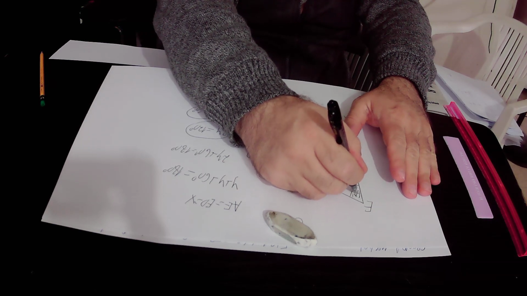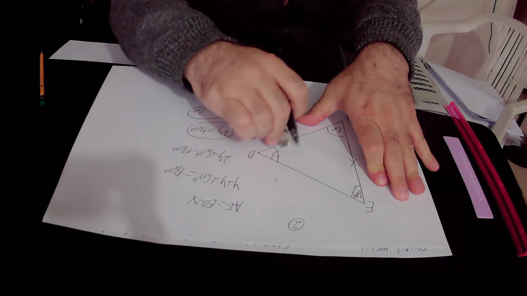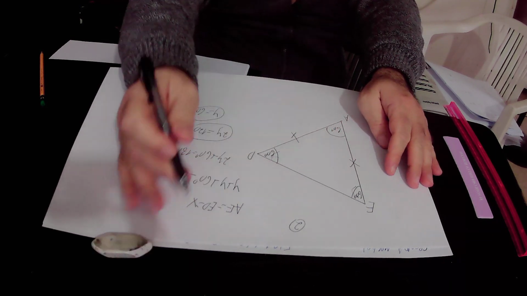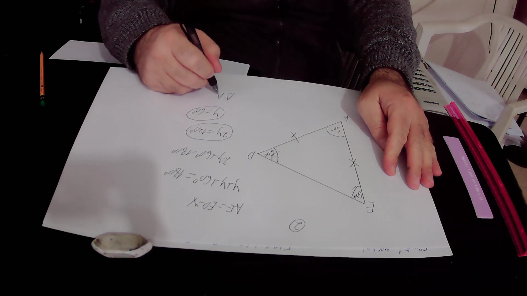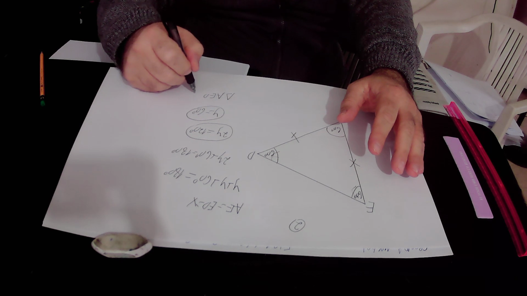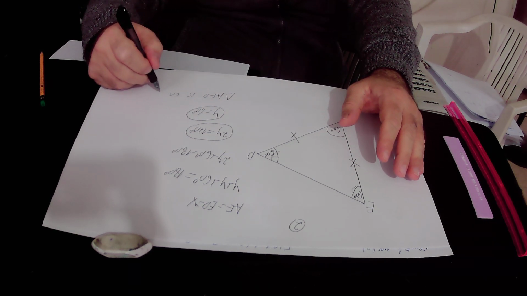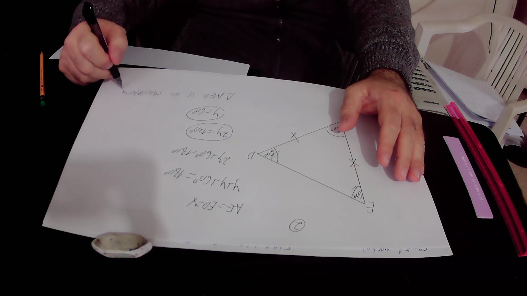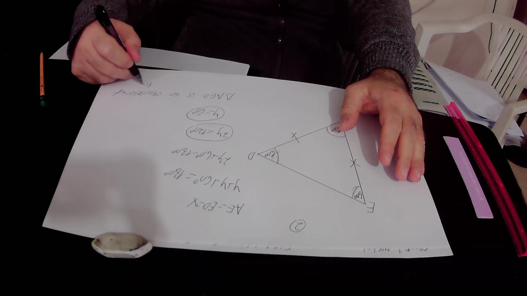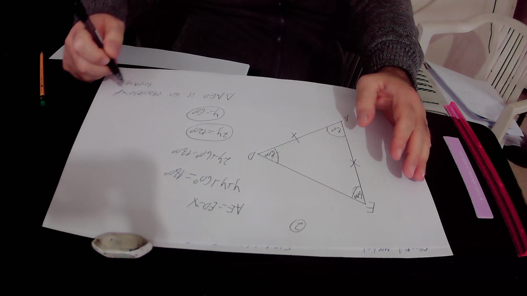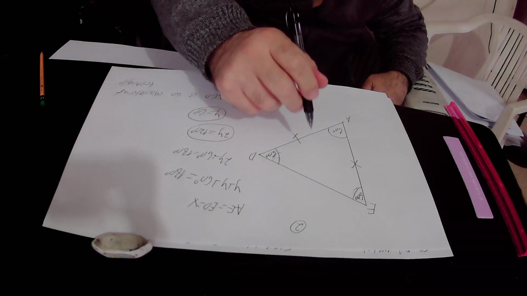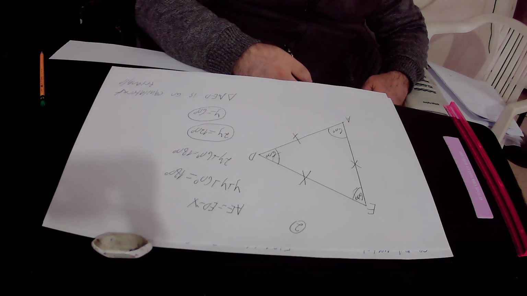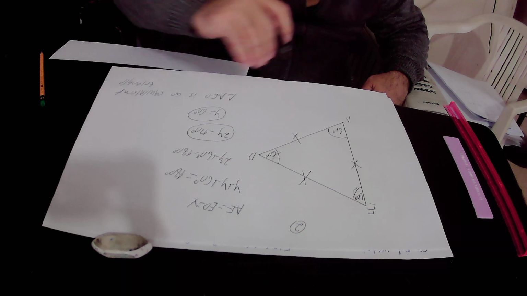This angle y equals 60 degrees, and this angle y also equals 60 degrees. Therefore, triangle AED is an equilateral triangle, that is to say, all of its sides are equal to each other, so ED will also be equal to x, and all of its angles are equal to 60 degrees.